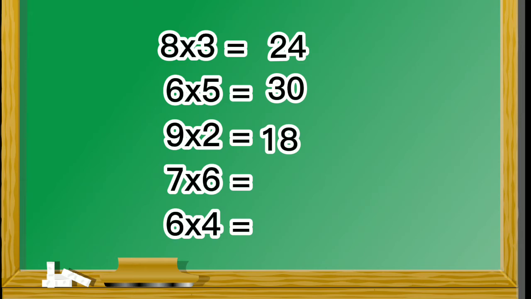If your answer is 42, correct. You got the correct answer. 6 times 4 is equal to, what is your answer? If your answer is 24, correct again.